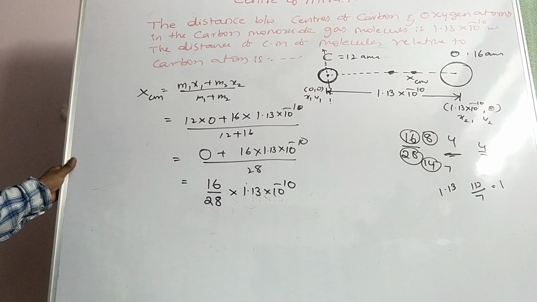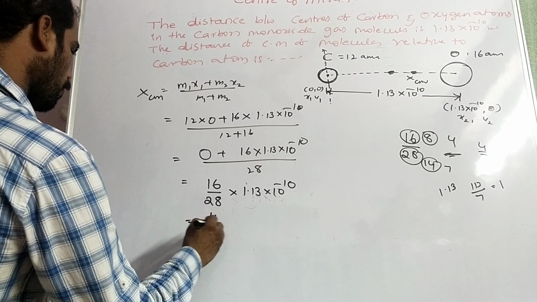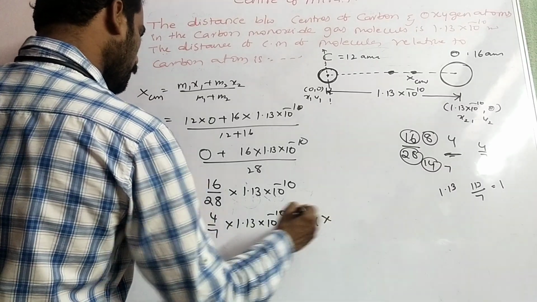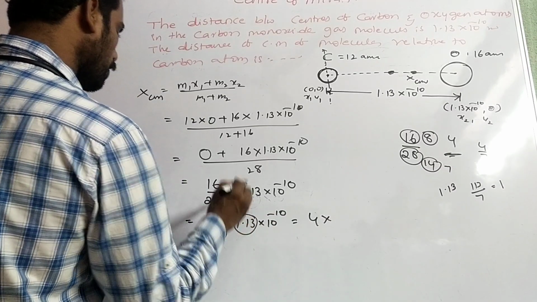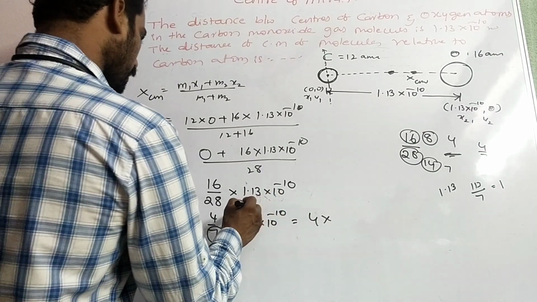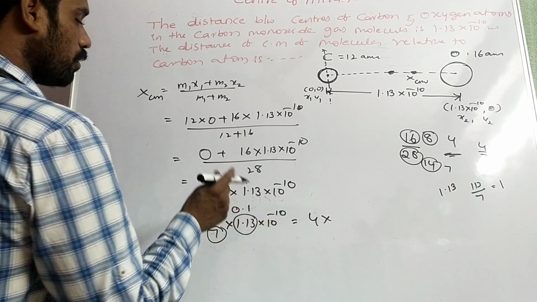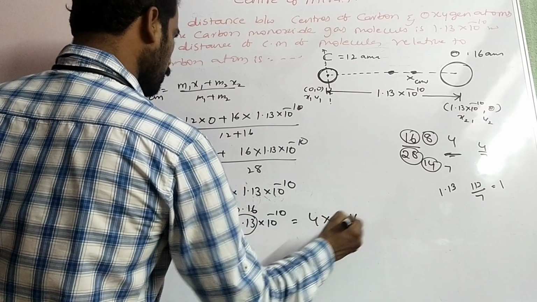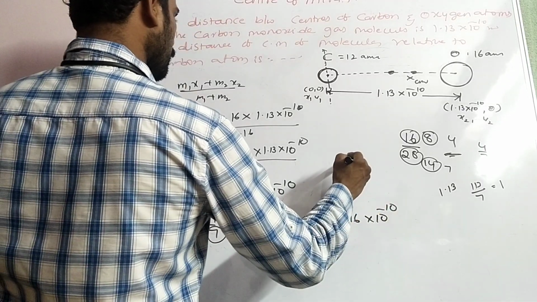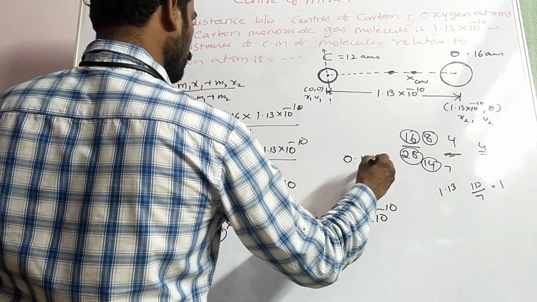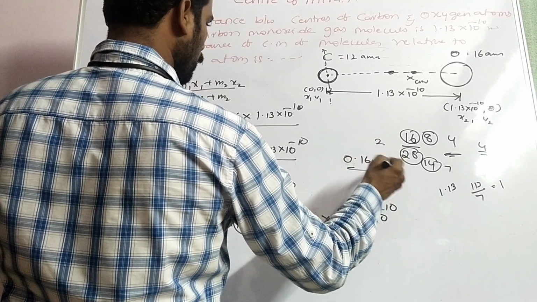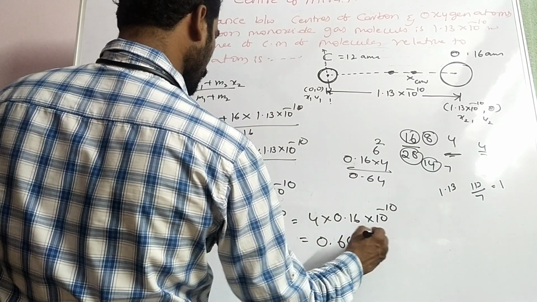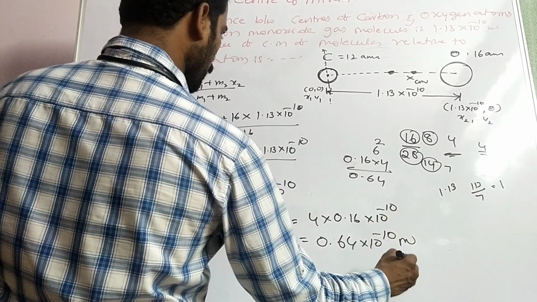So 4 by 7 into 1.13 into 10 to the power of minus 10. 4 by 7 is about 0.57, and the product gives 0.64 into 10 to the power of minus 10 meters approximately.